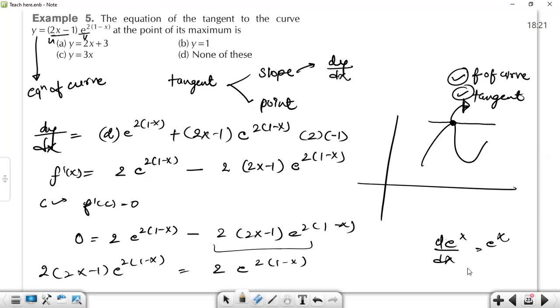Now we can simply cancel the e raised to power 2 into 1 minus x. Otherwise, you can also take it common. Let's first bring this whole equation to the next page.